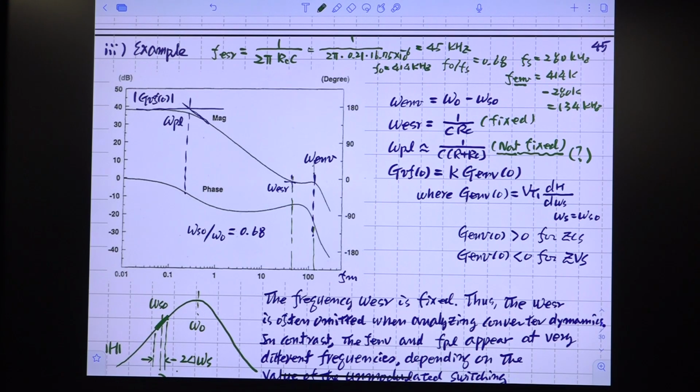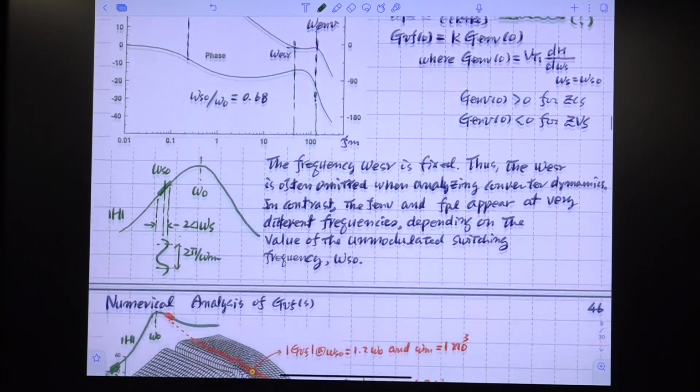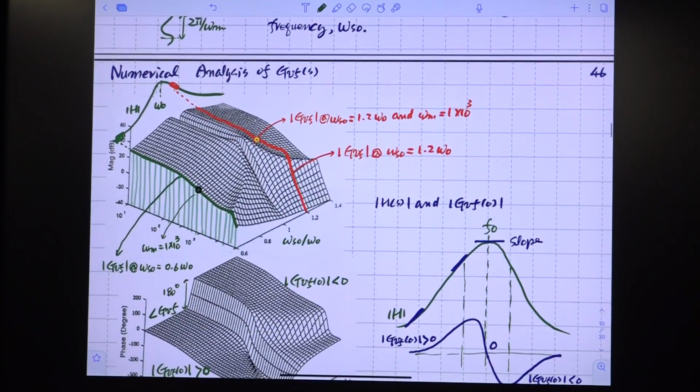Right. So once the switching frequency and resonant frequency are given, you can generate this. But you should understand the behavior of this. What will happen to this GVF transfer function when the switching frequency is changed? That is very important. Okay, that information is shown here.